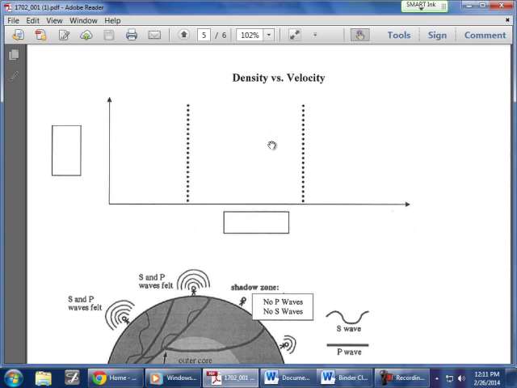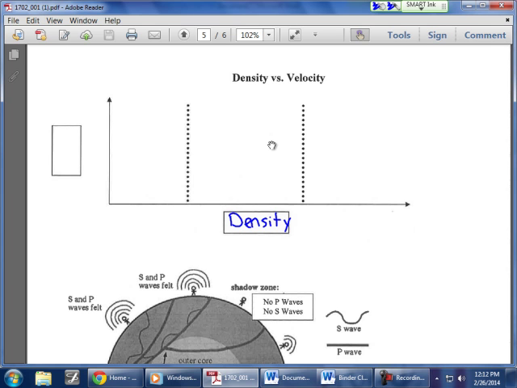Okay? What we're going to do is look at the inner core, outer core, and the mantle, and look at how P waves and S waves progress through those layers. So down here, go ahead and write this in. You got density going on.